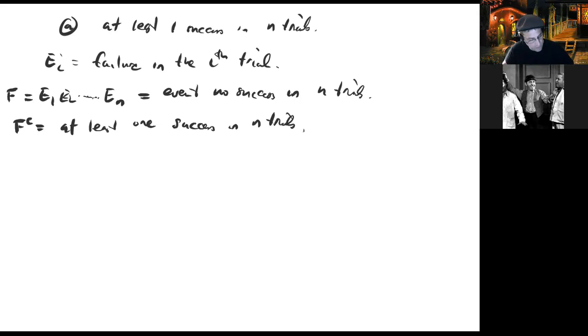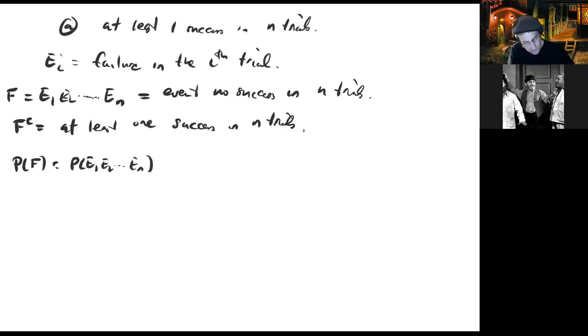So let me first compute the probability of F. The probability of F is the probability of E1, E2, through En. And we're assuming these are independent trials. That is, each time we perform the experiment, that is not impacted by any results in any other experiment of the same kind that we do.